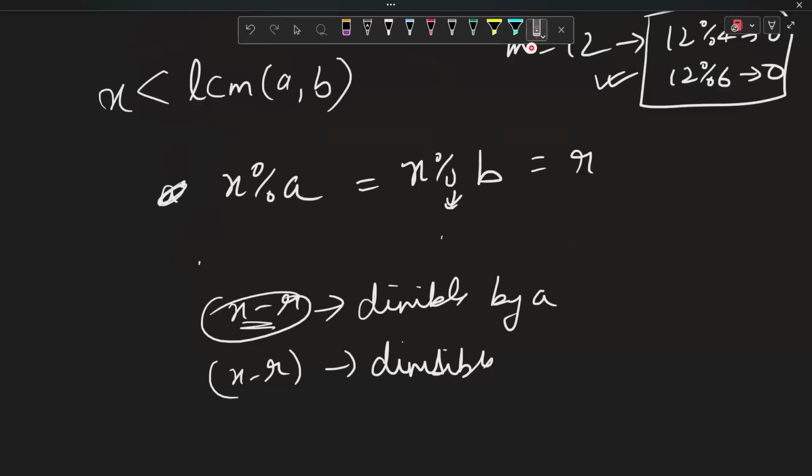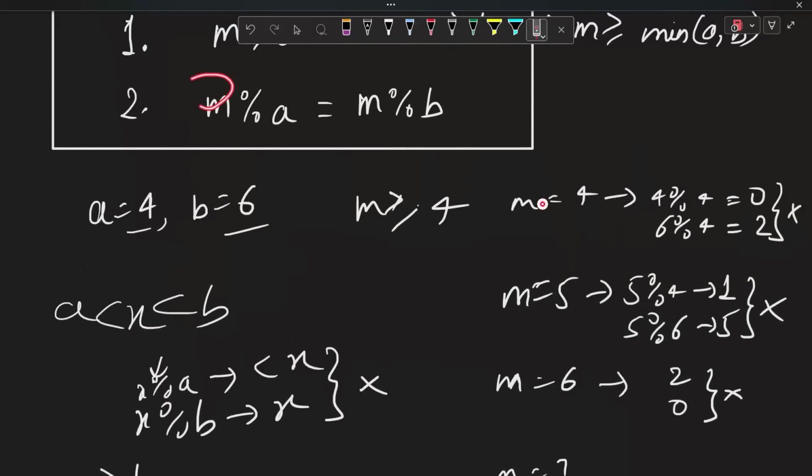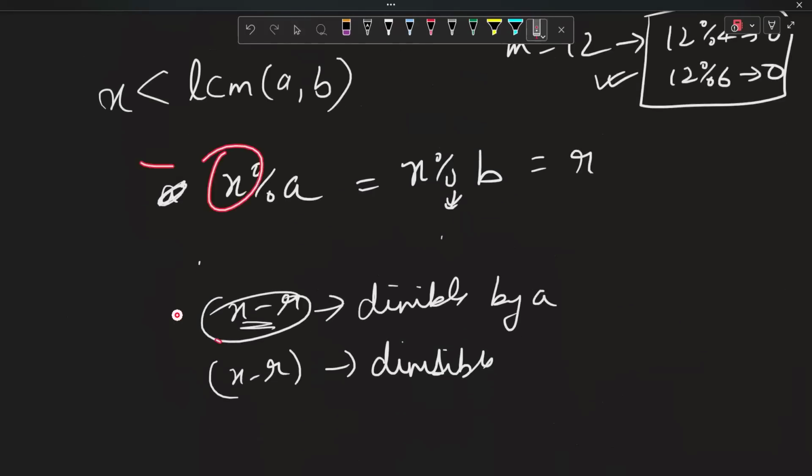But we know that x is less than the LCM of A and B. So definitely x minus R is not the LCM. This way, we can prove that the LCM of A and B is the smallest value that satisfies the condition x mod A is equal to x mod B. If we assume anything less than the LCM is possible, then if x was possible, then x minus R was also possible.